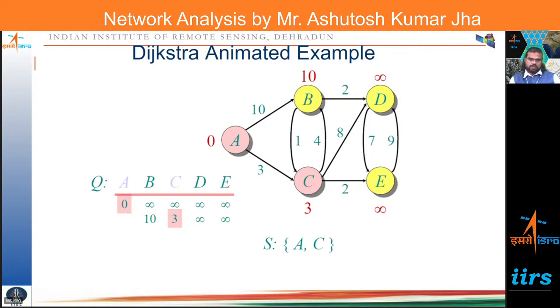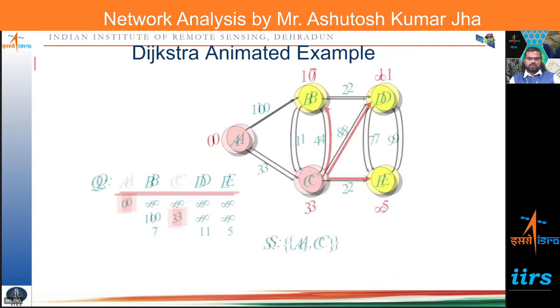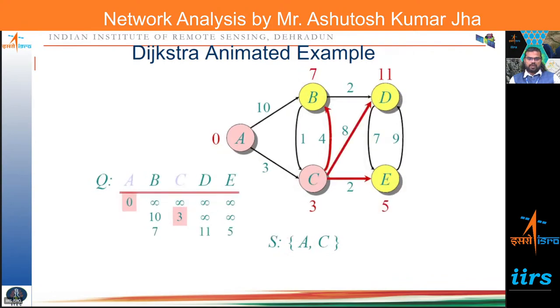A and C have already been reached. Now we look at the remaining B, D, E and which one of them is closest. From A and C, there are three different nodes available, C to D, C to E, and apart from that A to B is also available. So a total of four different paths are available.